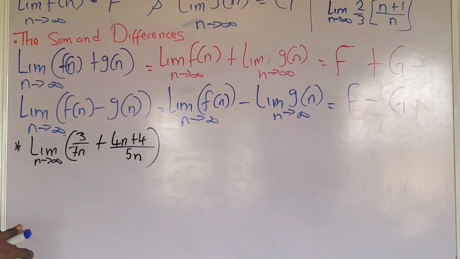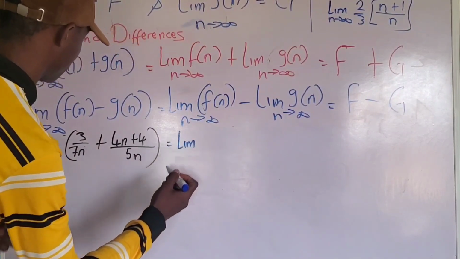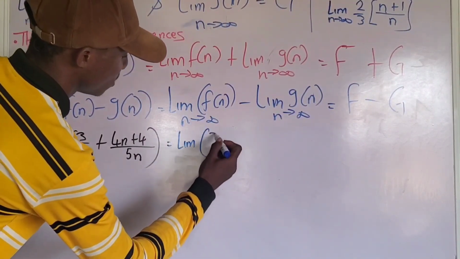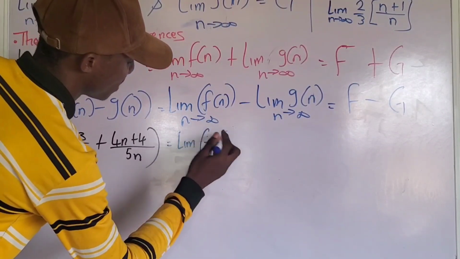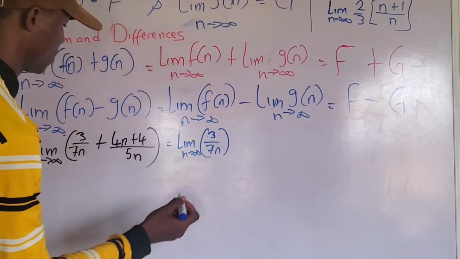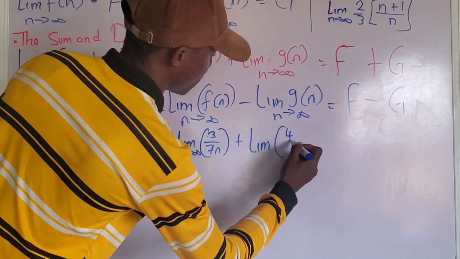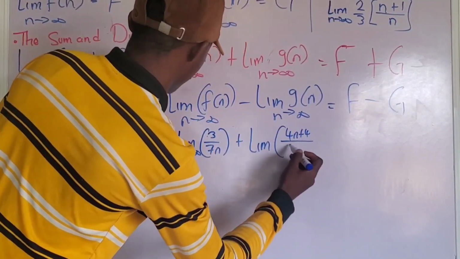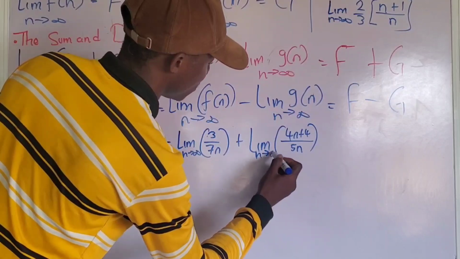So we approach it just like we did for the differences. I'm going to have the limit of 3 over 7n as n tends to infinity plus the limit of 4n plus 4 all over 5n as n tends to infinity.